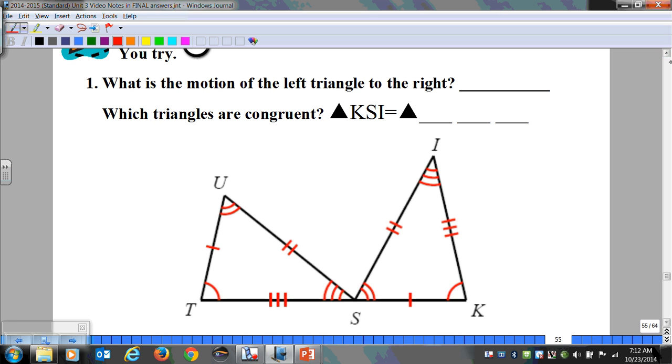So we're trying to take a look at the motion from left to right. And we can see, one, it's not a slide. The slide would give you the exact same triangle. Two, it's not a mirrored image. So imagine if there was a mirror. It's not a mirrored image.